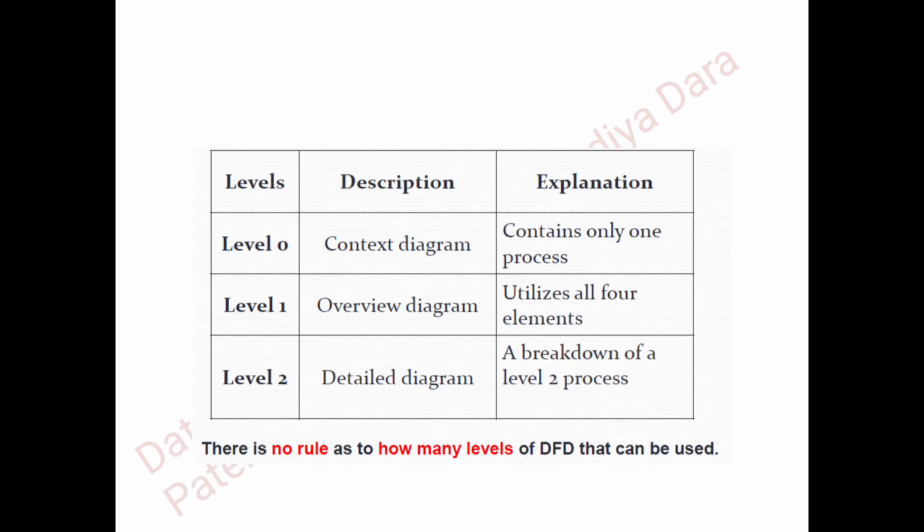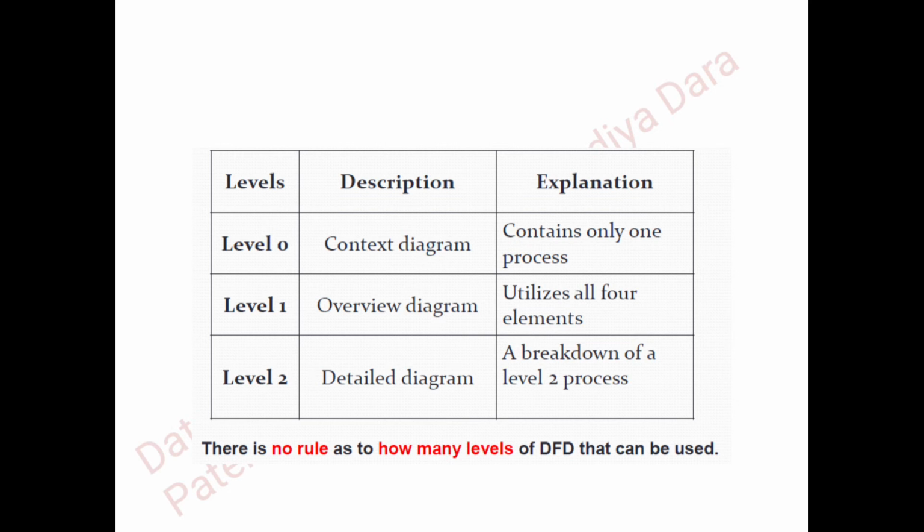So when you think of increasing the levels and getting into the deeper side of data flow diagrams, it goes on increasing from level 0, which is the context, which is compulsory. While drawing DFD, you should first draw the context diagram, which should give an overview of your complete system. Then you will reach level 1, which is going to give you an overview of the diagram with one level expansion.